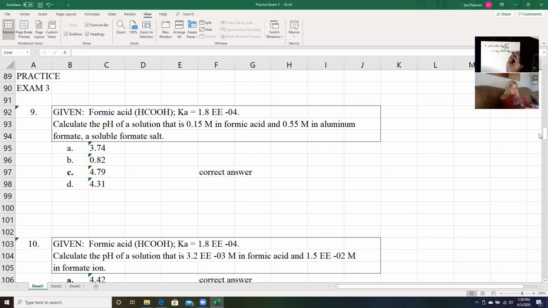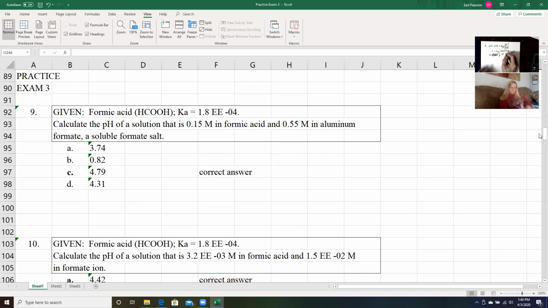0.15. The aluminum formate, watch out. I'm going to take off HCOOH, HCOO minus, and aluminum's plus, there's going to be 3 of them.